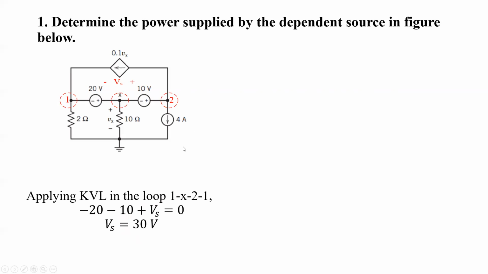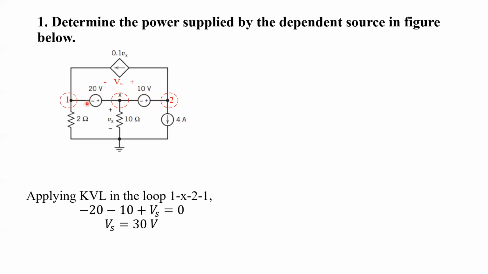Now in order to compute this Vx, we can see that we cannot apply KCL directly at any individual node. So we have to assume a supernode, and the supernode here consists of node 1, x, and node 2, because there are voltage sources present between these nodes.